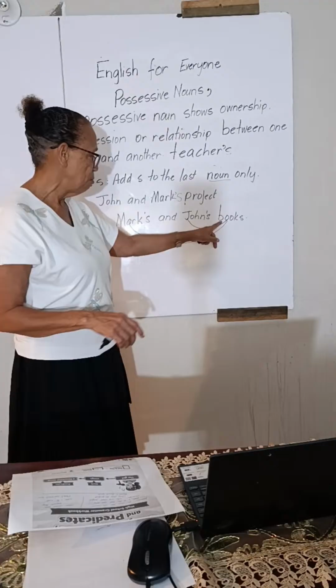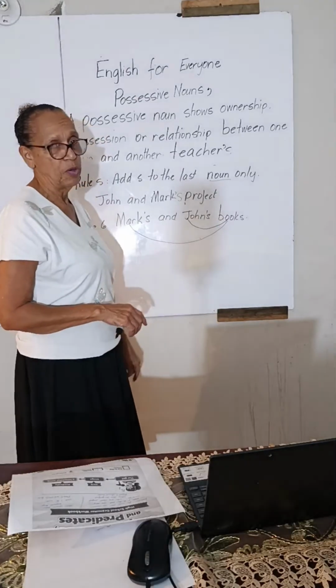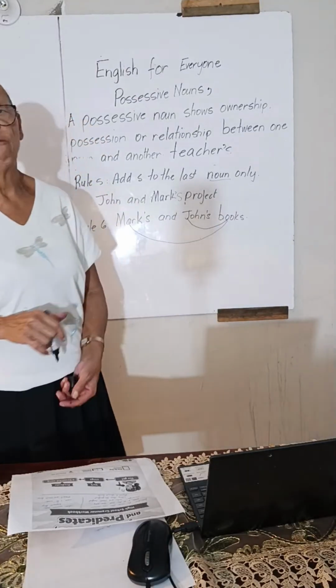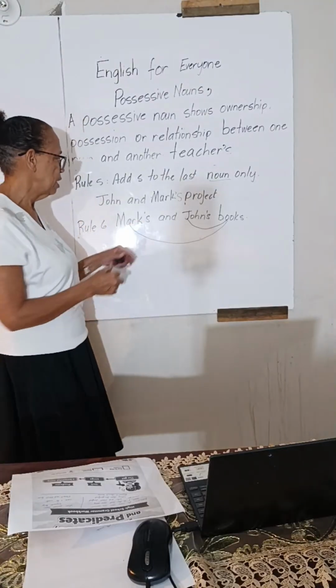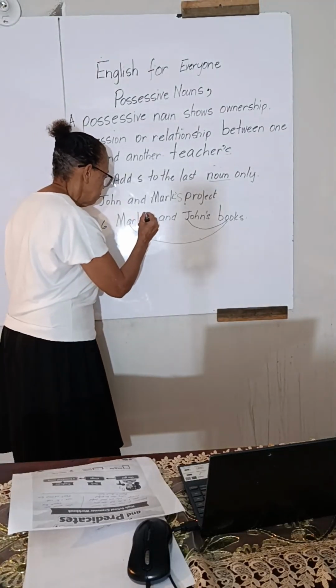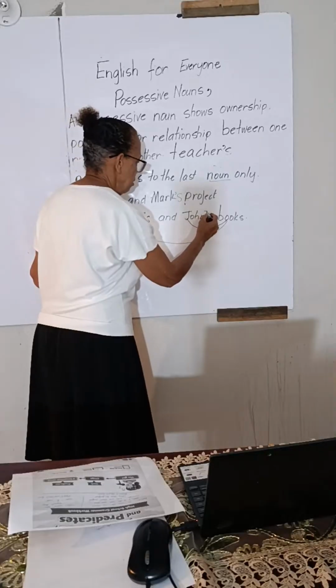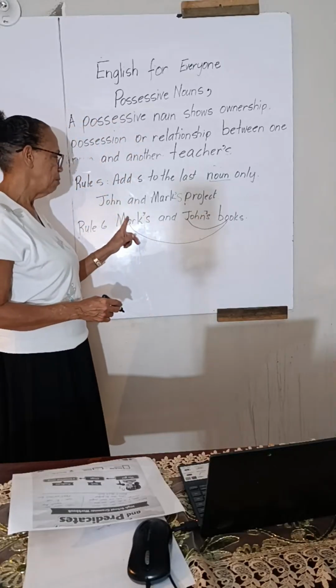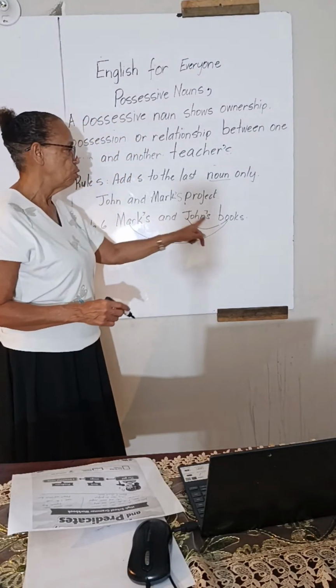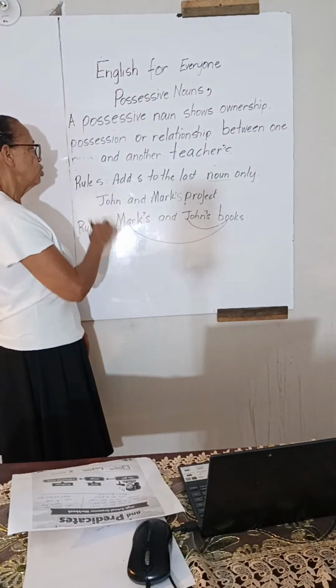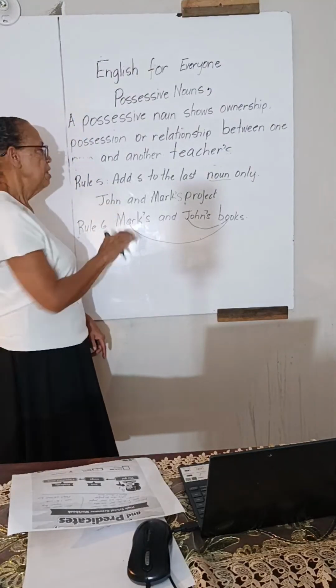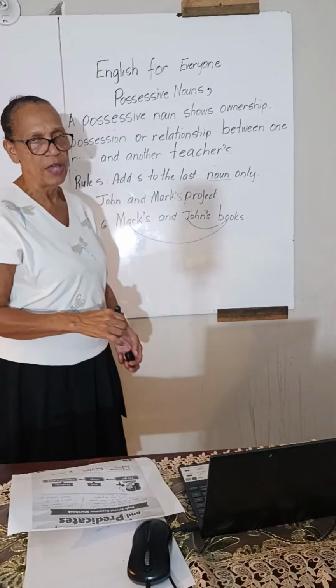So Mark owns some books and John owns some books. They are not doing it together, it's individual. So if you see something looking like this, the apostrophe here and the apostrophe here, then you know that it's talking about Mark's book and John's book. But if it belongs to both of them, then the apostrophe is just at one.